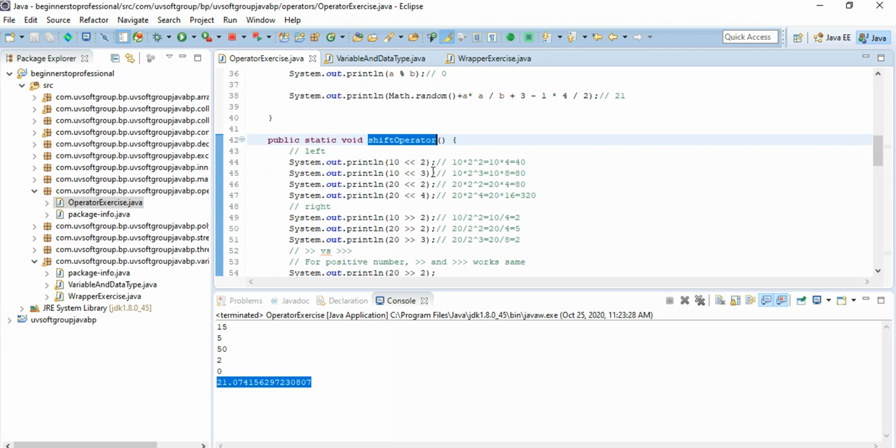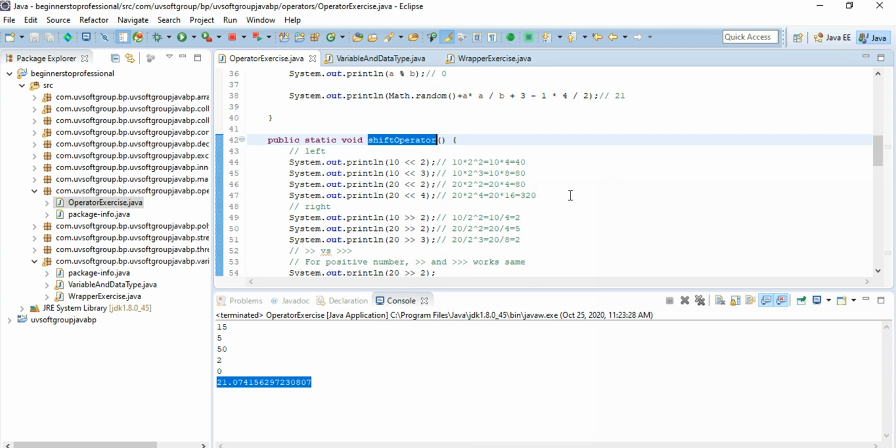So 10 left shift, double less than, 2. That means you have a value, and you multiply the existing first value by 2 to the power of the shift, with base 2. You see 10 multiplied by 2 power 2, 2 power 3, 2 power 4.